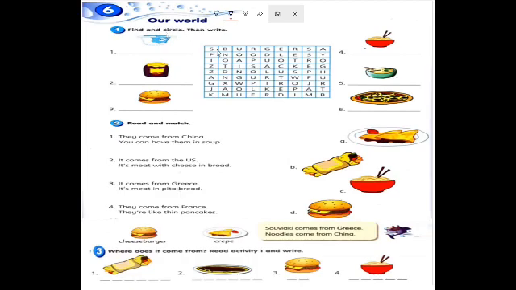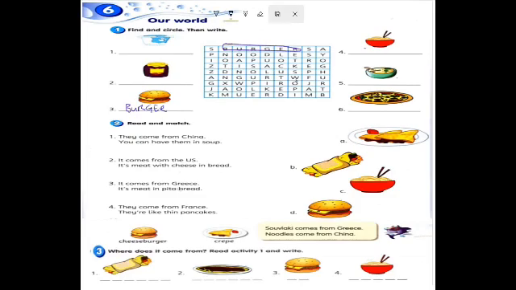Let's try and find the first word here. Let's look at the picture here. I found the word burger, B-U-R-G-E-R. That means circle the word burger here, and then you write down burger for the picture.